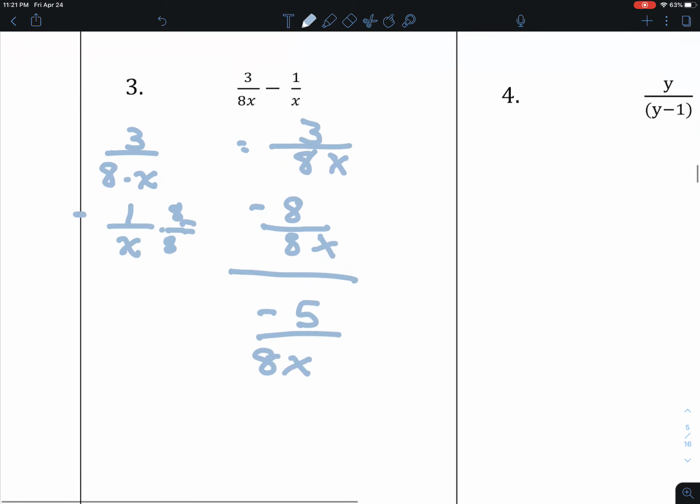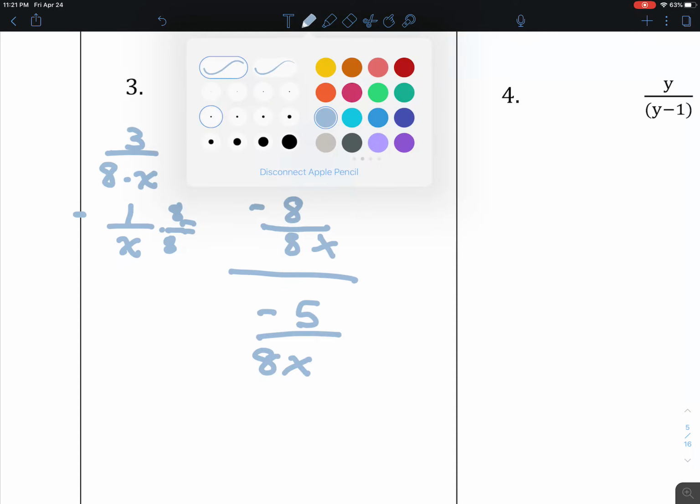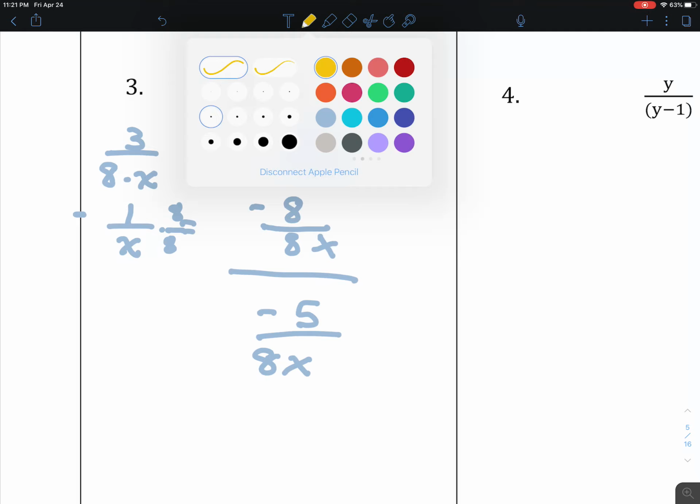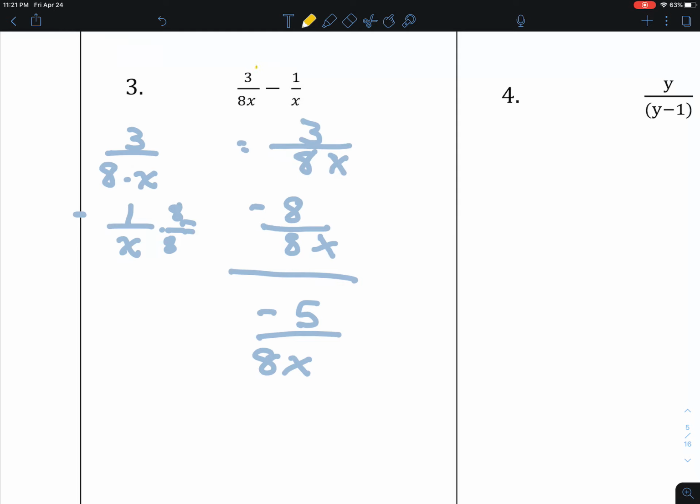Now, what if I want to use the shortcut I just showed you on it? How would I use that shortcut? All right, I'm trying to get a lighter pen so it doesn't keep missing what I've done. I multiply 3 times x, and that gives me 3x.